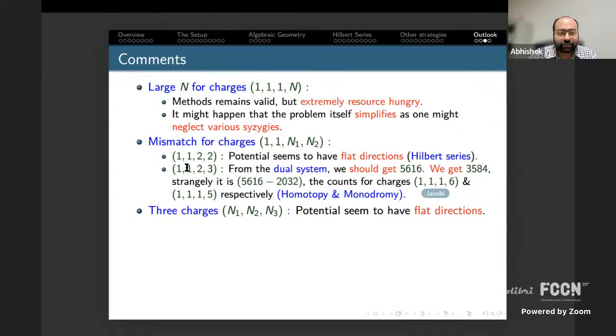For example, for the calculation of 1-1-2-3, from the dual system the count that I should get is 5616, and what we are getting is 3584, which is strangely 5616 minus 2032, which is the counts for 1-1-1-6 and 1-1-1-5 respectively. So either we are missing something here, or something was missed in the original computation. Whatever be the case, this is something that we are trying to resolve right now.